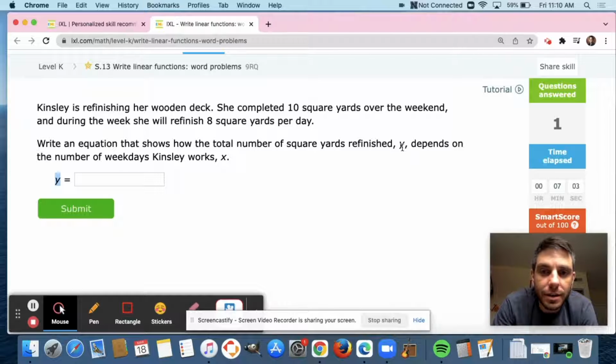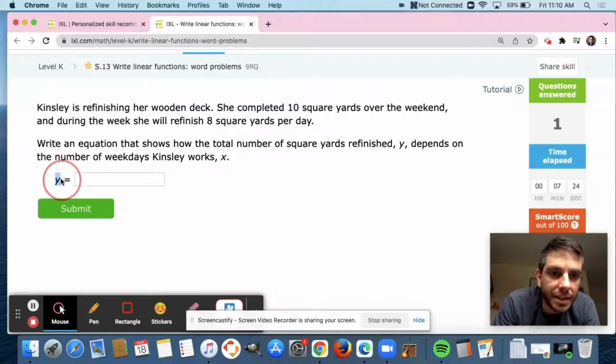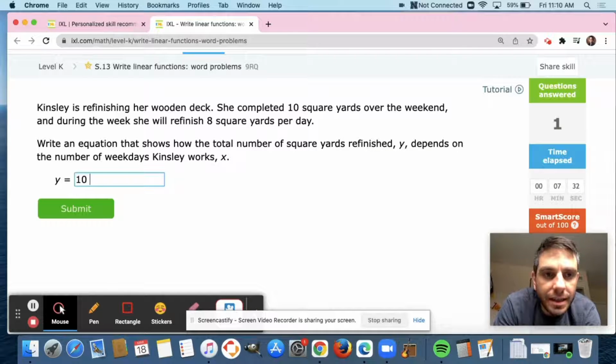In this scenario, the letter Y is the total area of the deck, how big the deck is. Same idea for X. On the last one, X was weeks that have passed. On this one, it's days that have passed, weekdays. The total size of the deck, Y, equals, well, she has already completed 10 square yards, and she's going to add to that 8 square yards per day. So Y equals 10 plus 8x.